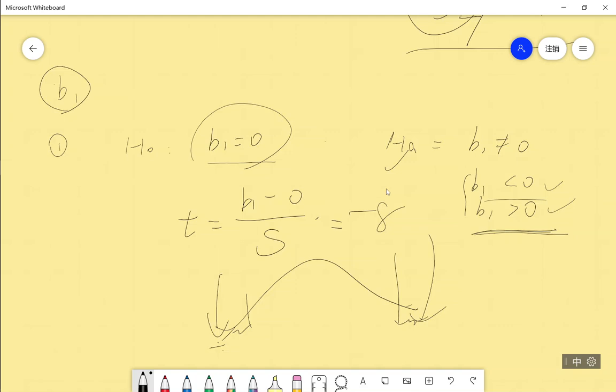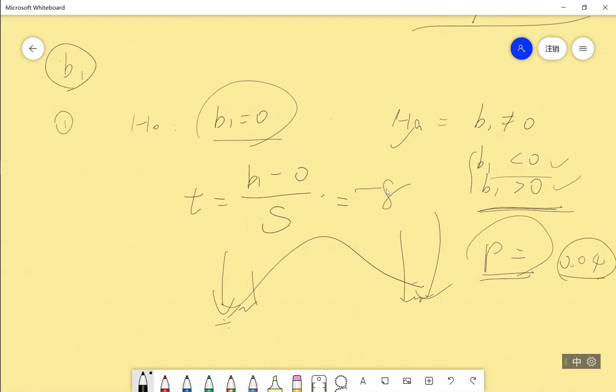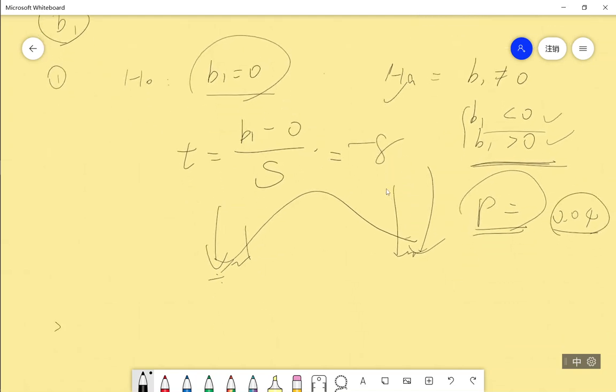And you can make the best use of the p-value here. Say the p-value is, I don't know, maybe 0.04. Let me use another hypothesis.